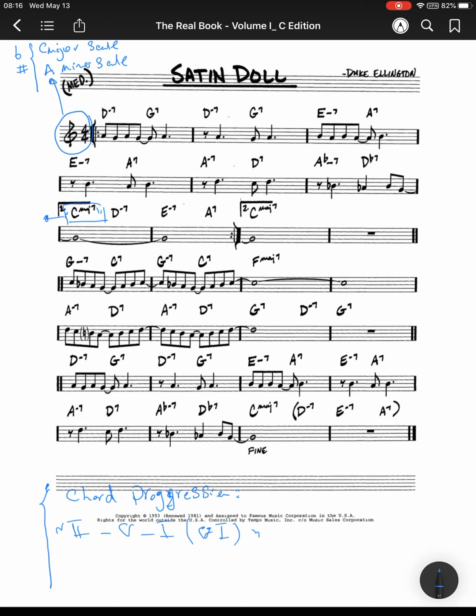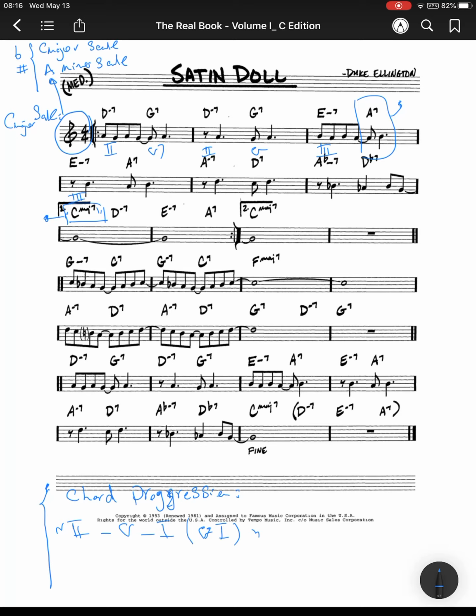So if we consider the C major scale, the first chord is C major 7, and D minor 7 is the second chord. We have G7, that means the dominant or the fifth chord. Again, 2, 5. E minor 7 is the third chord of this scale. We have A7, which we should focus on and try to analyze.